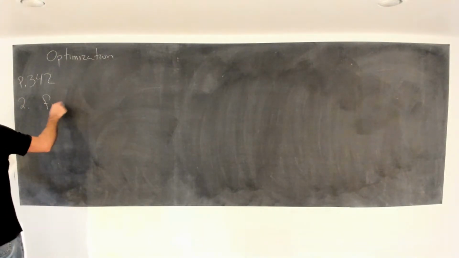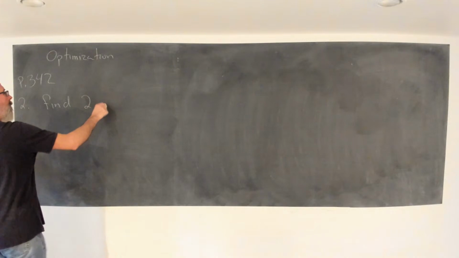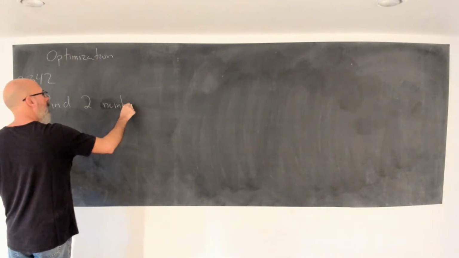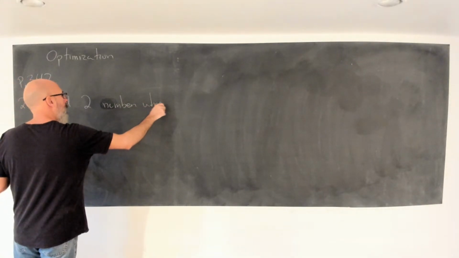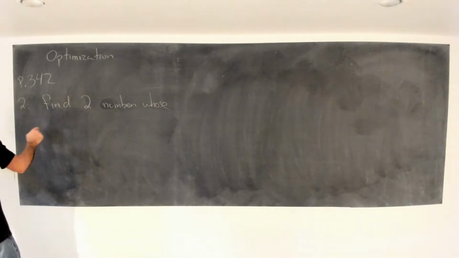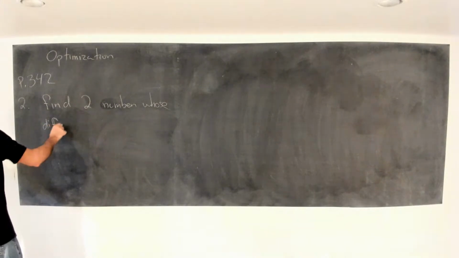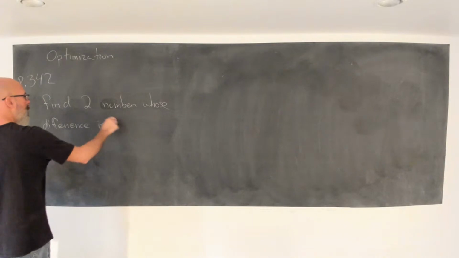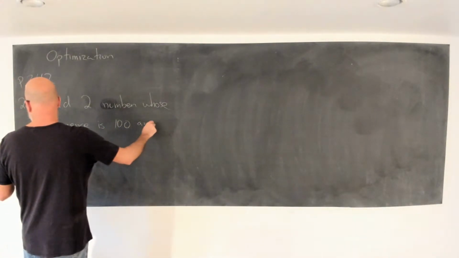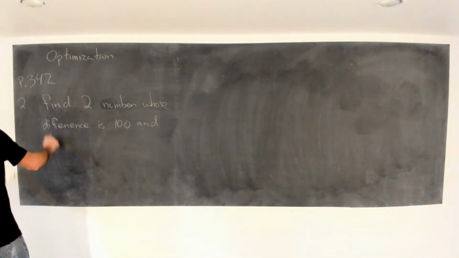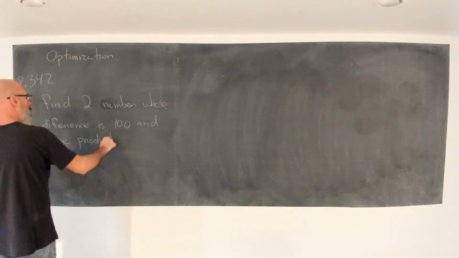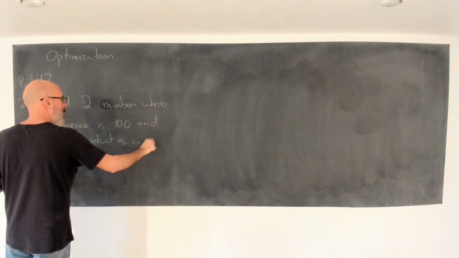Find two numbers whose difference is 100, and whose product is a minimum.